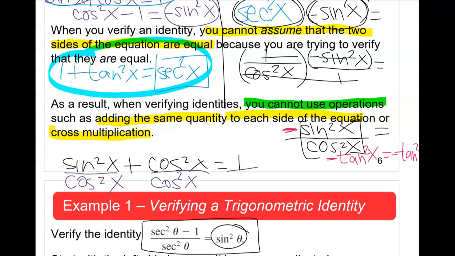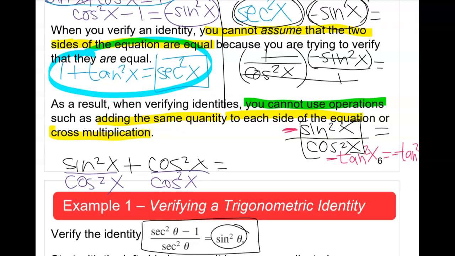Here I'm not verifying an identity, I'm just trying to transform the expression so that I can get a variation of the Pythagorean identity.